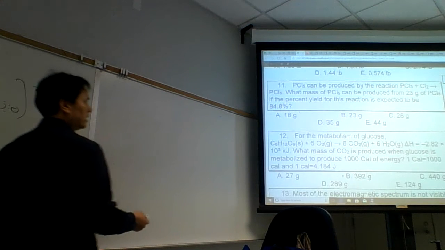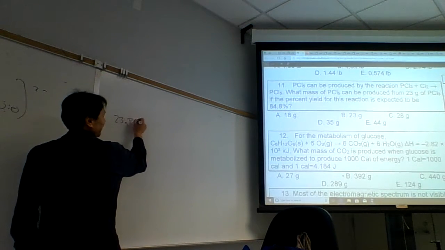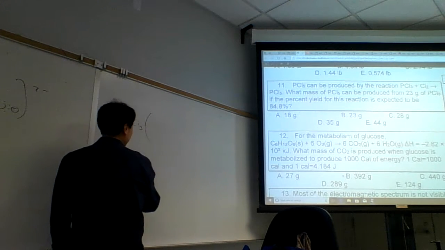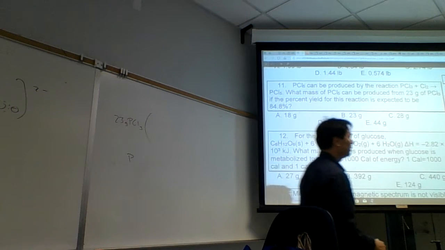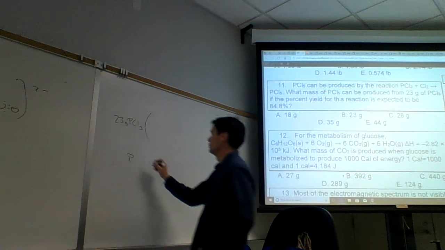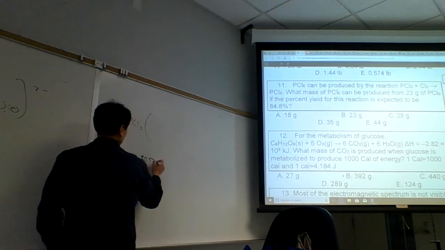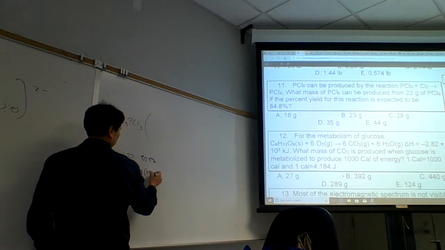Let me just check the answer. So we have 23 grams of PCl3. The molar mass of PCl3: phosphorus is 30.97, and 3 chlorines, each chlorine is 35.45.